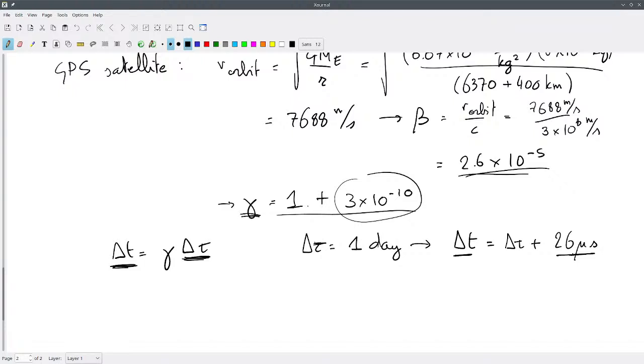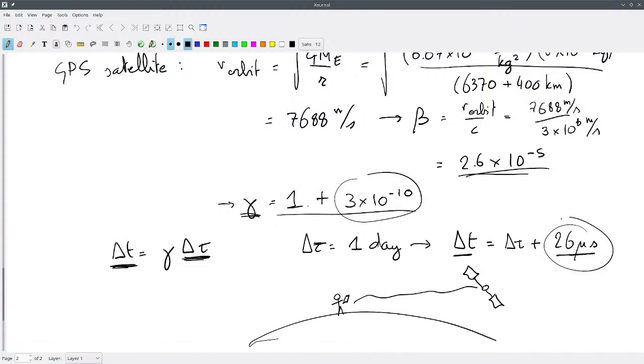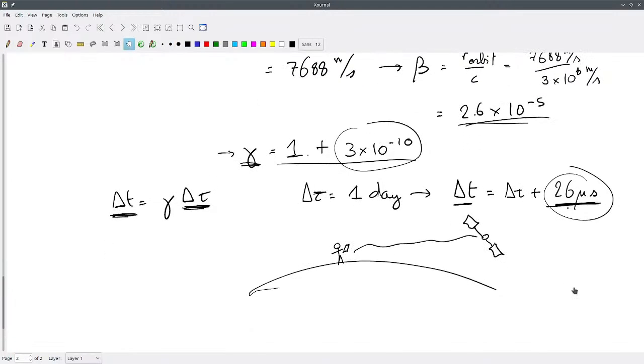If we don't take into account this effect, then if you're standing here on Earth with your phone in your hand, getting a signal from a GPS satellite over here, the distance corresponding to the light traveling for this additional extra time, c times 26 microseconds, is about 8 kilometers.